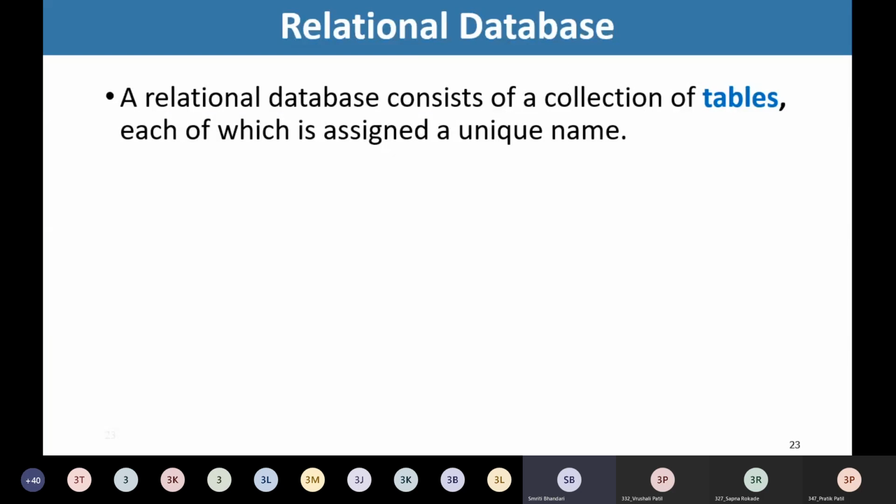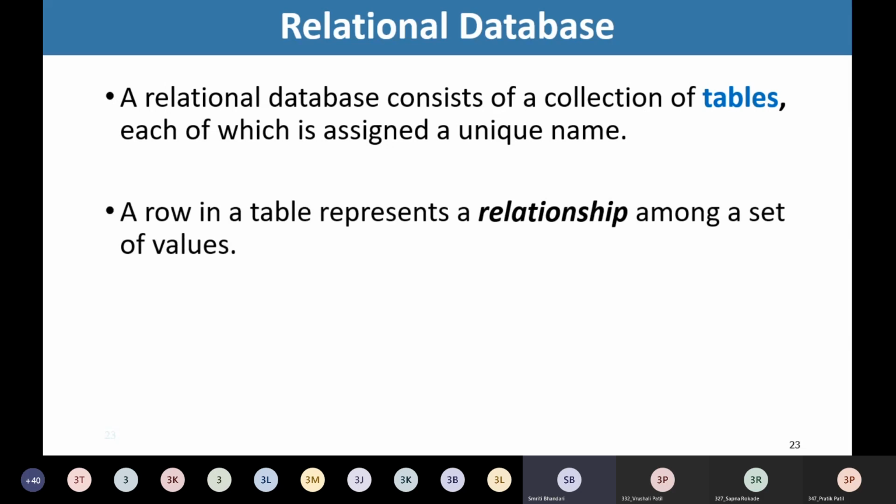So it is a collection of tables and every table is assigned a unique name. A row in a table actually represents a relationship among a set of values.